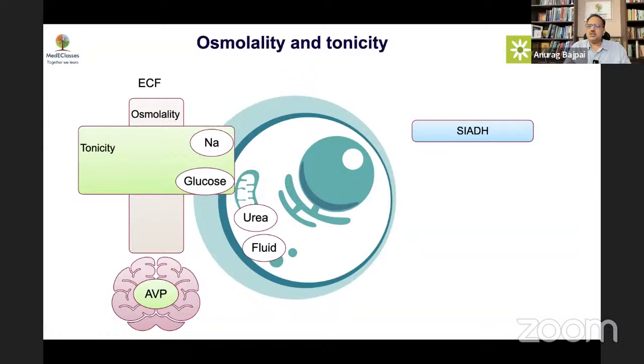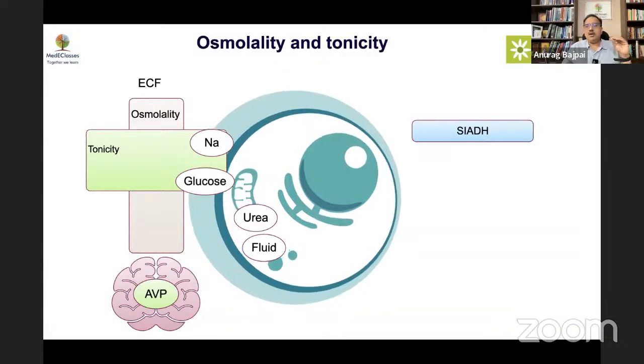With conditions associated with increased levels of AVP, you will have decreased tone in the blood, and therefore the fluid will go into the cells because they have more concentration. The cells will swell up, and that will cause features of irritability, headache, and vomiting, and ultimately they will try to extrude the osmoles to maintain it.